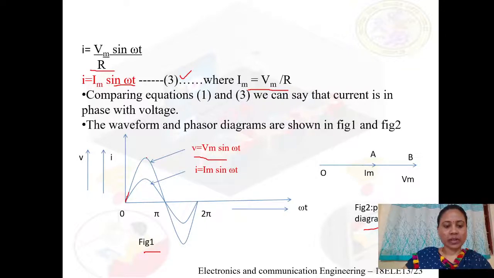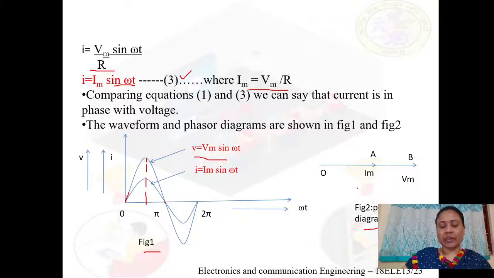They achieve their maximum value at the same time interval, and also they become zero at the same point. Again it continues the same in the other direction. So this is how we can show the waveform for the in phase behavior of voltage and current, and the time period is expressed along the x-axis here.